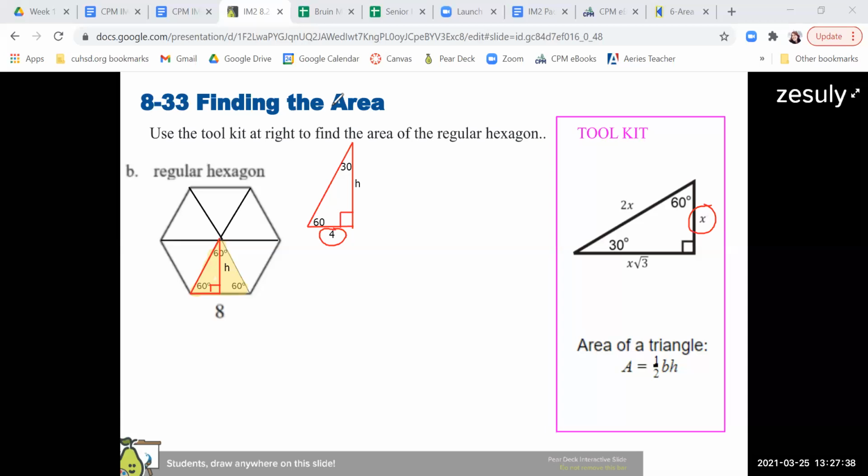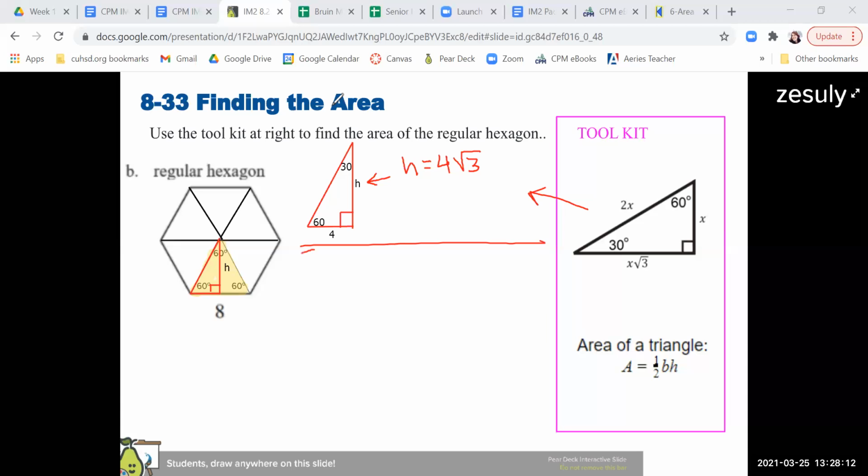Those correspond, which means this h right here has to be 4√3, based on this special triangle. So I just found what I needed.